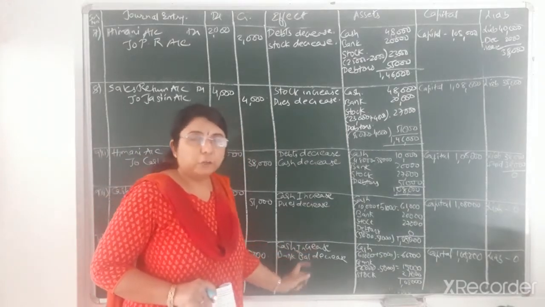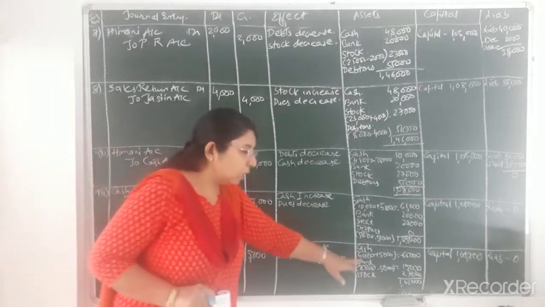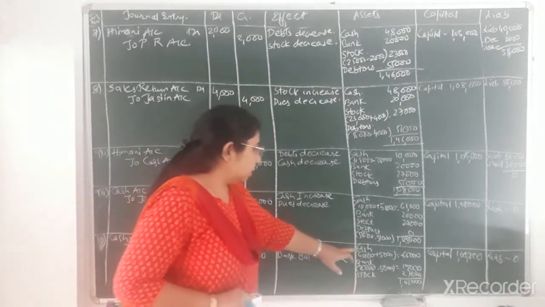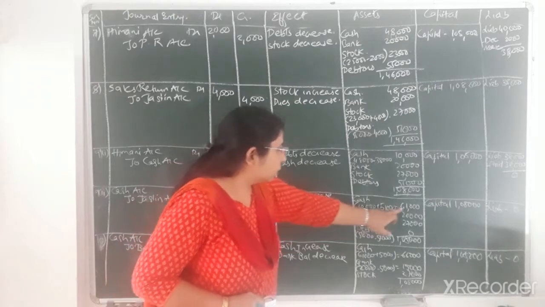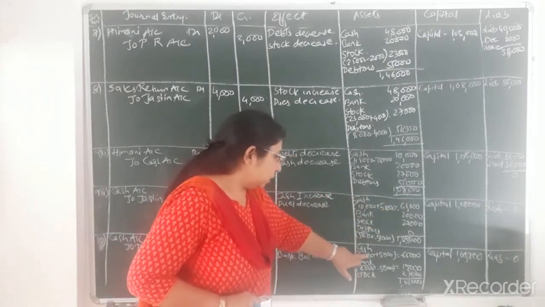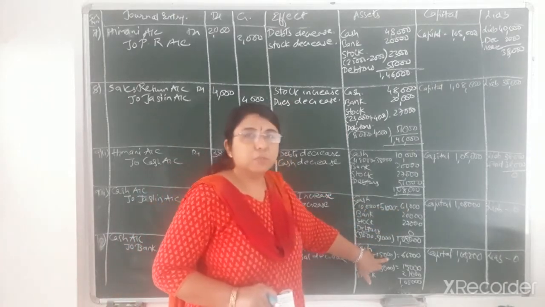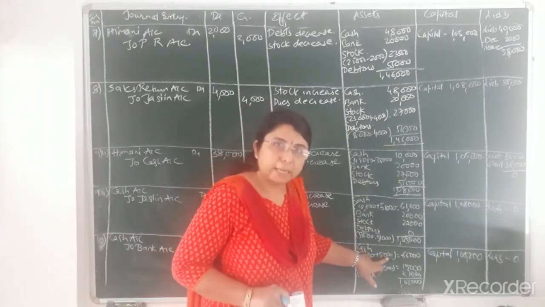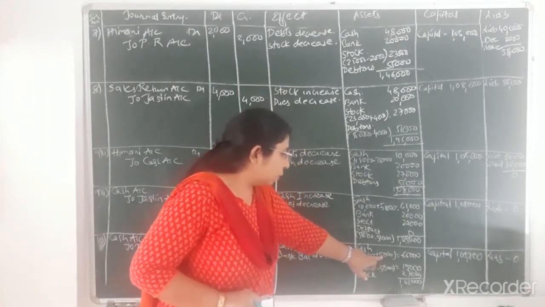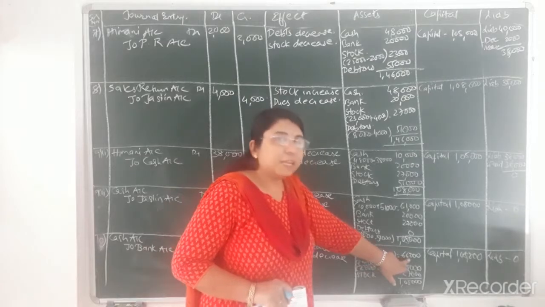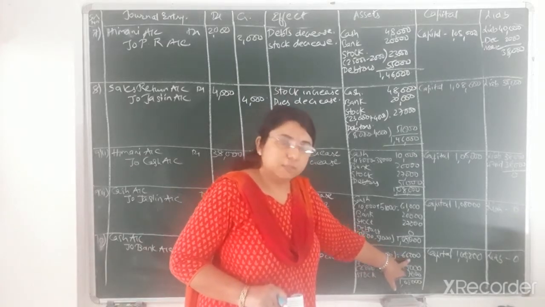So cash will increase and bank balance will decrease. Both the effects of cash and bank will be given in the assets only. You can see the cash balance previously was 61,000. 61,000 plus 5,000. Cash comes in, we are withdrawing that much amount from bank. So the total balance of cash would come to 66,000.